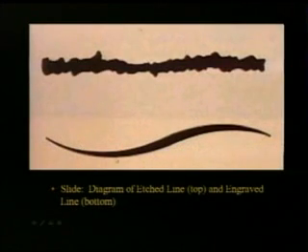Here's what the lines look like, the difference in the lines. At the top is what an etched line will look like, and down below is what an engraved line or a cut line will look like. An etched line is more irregular because even though you've got the wax, it tends to seep under the edges slightly. So it's not as clean a line as an engraved line is.